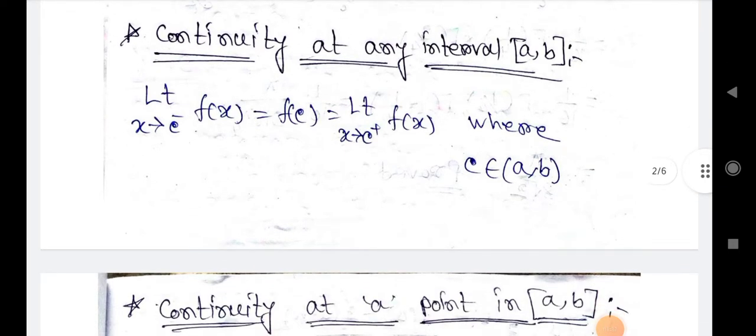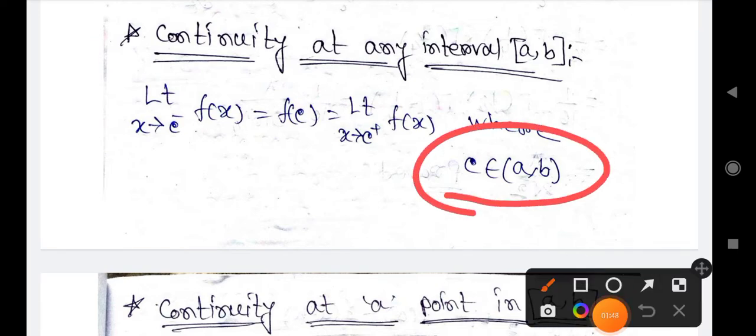Limit x tends to c minus f(x) equals f(c) equals limit x tends to c plus f(x), where c belongs to the open interval (a, b).